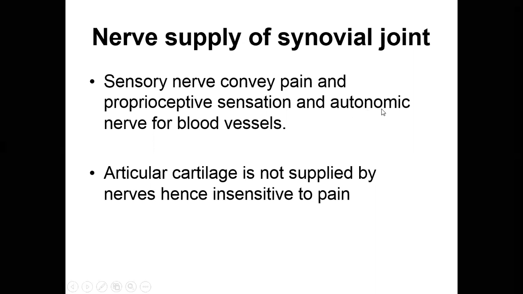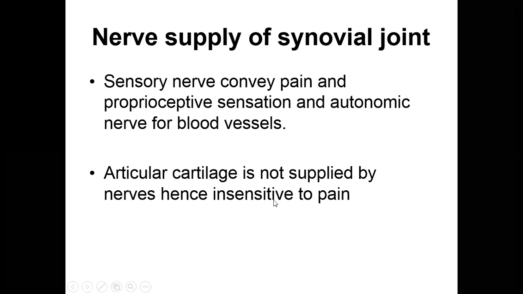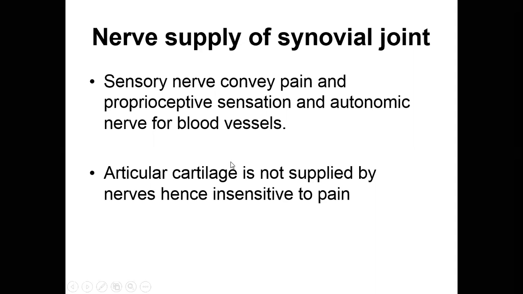Anyway, other one is autonomic nerve supply. Autonomic nerve supply is sympathetic and parasympathetic nervous system, which supplies the blood vessels. So these are the sensory nerves, and articular cartilage is not supplied by nerves, hence insensitive to pain. So articular cartilage is insensitive because it is not having any nerve supply.